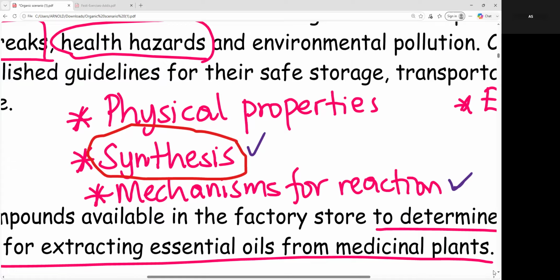If the item doesn't specify, kindly outline two mechanisms for two reactions. If it specifies, then you can outline as many as possible, so long as they are specified. Hope we are clear on that.